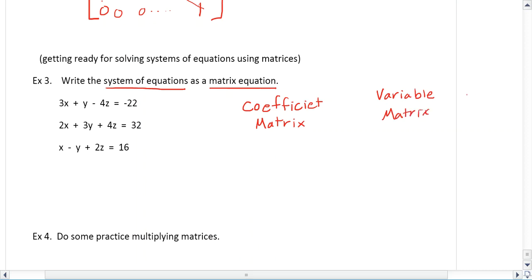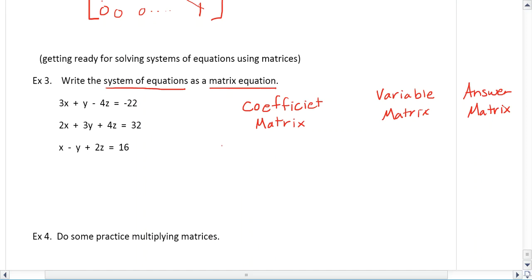And then we're going to have our answer matrix. Before you start pulling these numbers out to put into a matrix equation, please make sure everything is lined up like this. The x's are first, the y, the z, the equal sign, and then the answer.